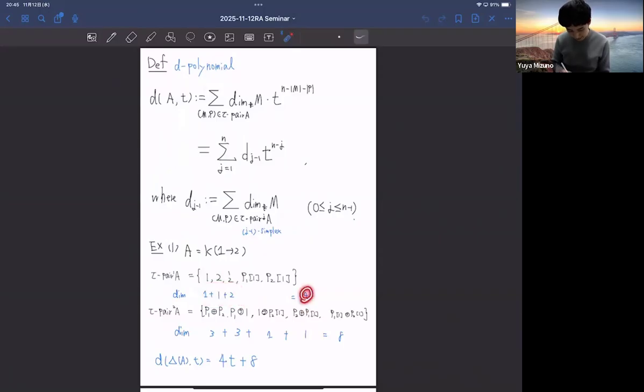And this number provides a coefficient of this polynomial. In this case, the dimensions are 3, 3, 1, 1, and 0. So this is 8. So we get this one. So this is the polynomial. So we only focus on the module part, not the projective part. Okay.